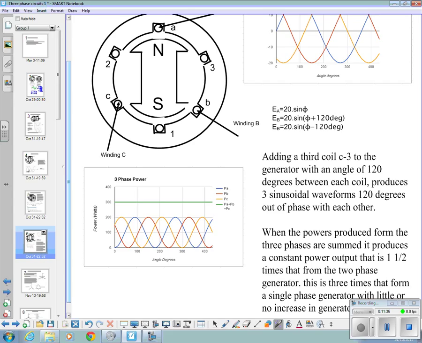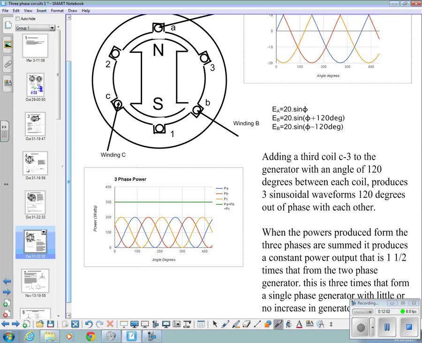Now I haven't looked at what the numbers do, but I would imagine if you start trying to add a fourth and a fifth, you're probably going to hit the law of diminishing returns somewhere, where you ain't going to gain that much out of doing it, and you're going to start making the physical size of the generator for a similar output that much bigger.